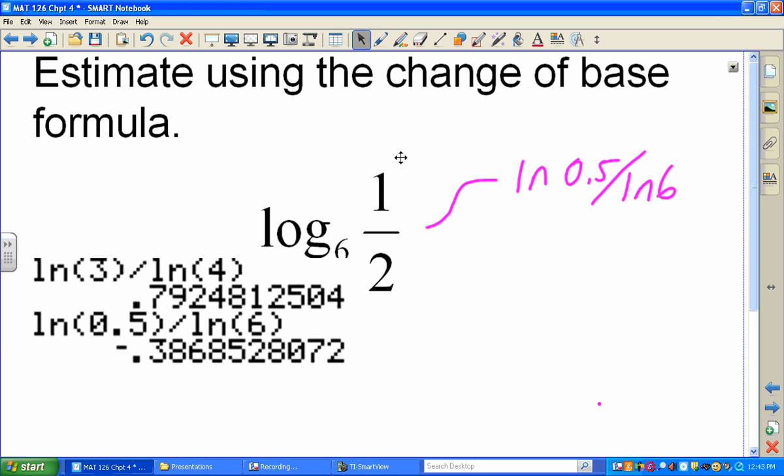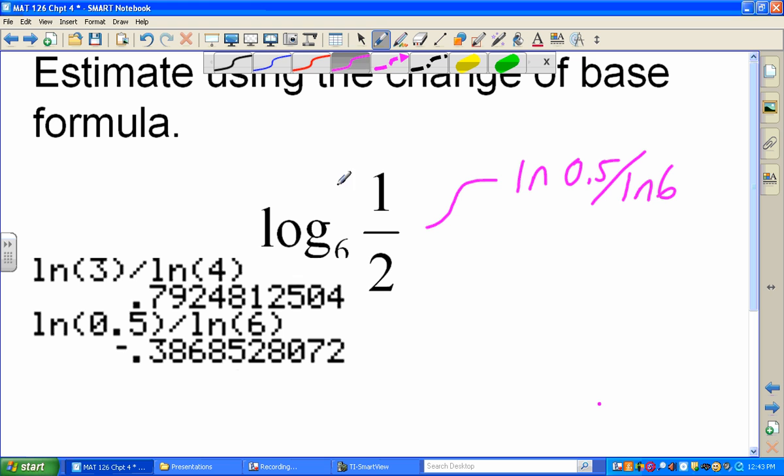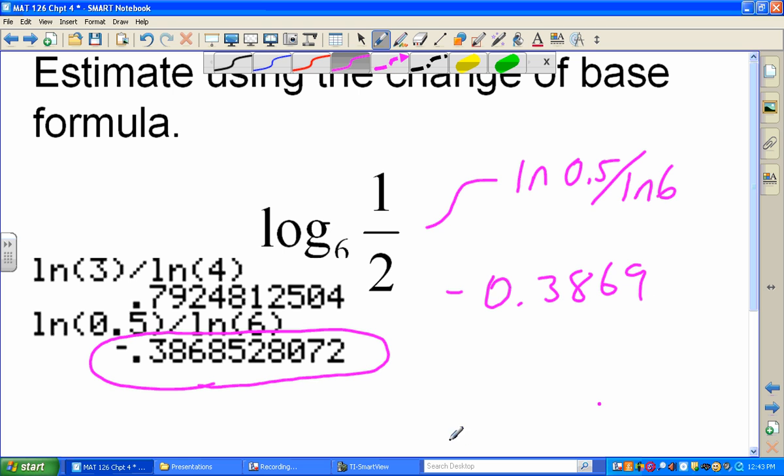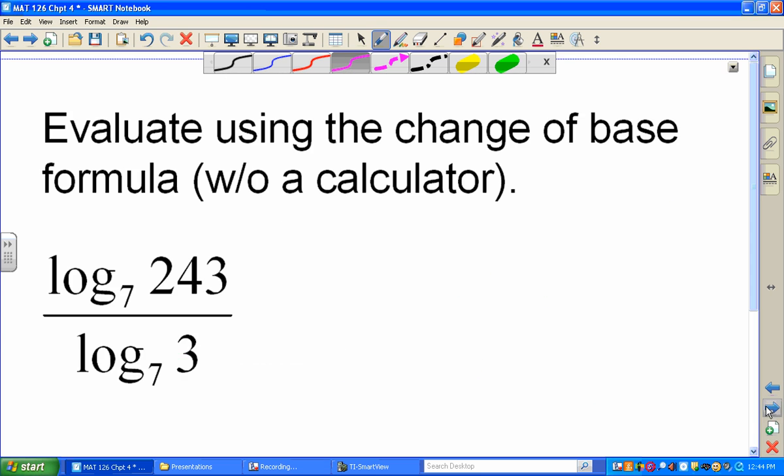Okay, so it would be obviously the negative 3.68528072. You can write down 3 or 4, probably 4 of them. Usually 4 decimal places for trig, 4 decimal places for logs, natural logs. That's probably pretty good.